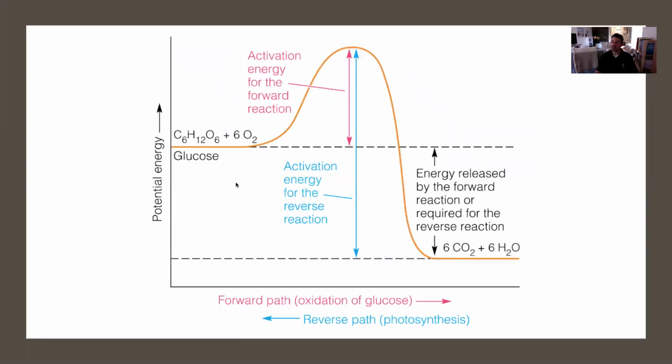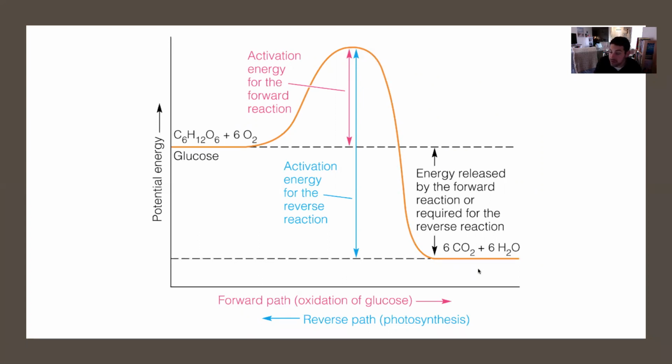So here's a nice example of an exothermic reaction. This is cellular respiration. This is glucose combusting with oxygen to form carbon dioxide and water, right? We've balanced this as a combustion reaction. We have the activation energy, but then we release a lot of potential energy.